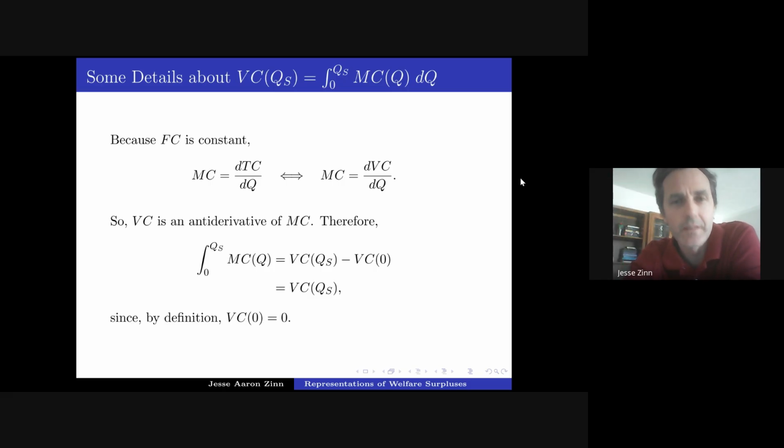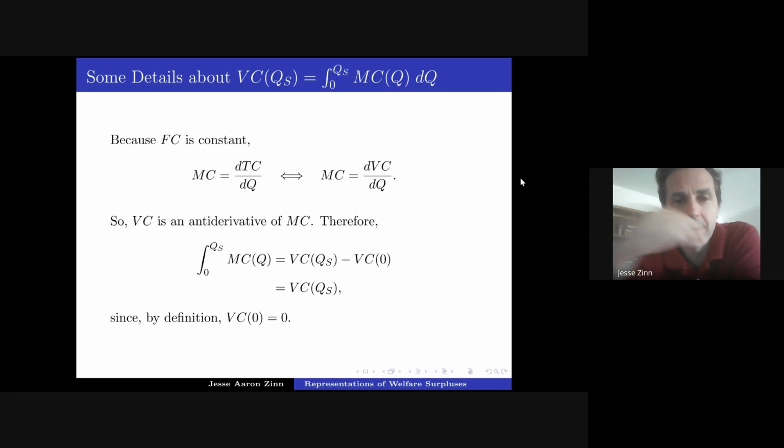But here are the details, just in case it's not obvious to you that variable costs is basically accumulated marginal costs. If we assume that fixed costs are constant, which of course in the short run they are, then that means that marginal costs are both the derivative of total costs as well as the derivative of variable costs. Those two things are equivalent as long as fixed costs are constant. So that means variable cost is an antiderivative of marginal cost.